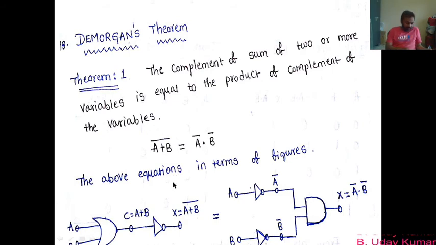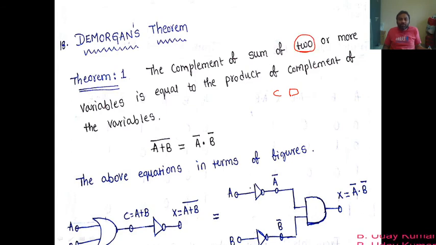For convenience let us take the variables. Here I have taken variables as A and B. For convenience I take the variables as C and D now. For example, I have taken two variables.